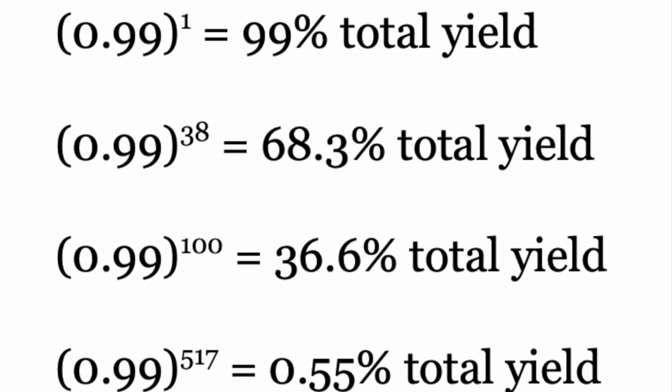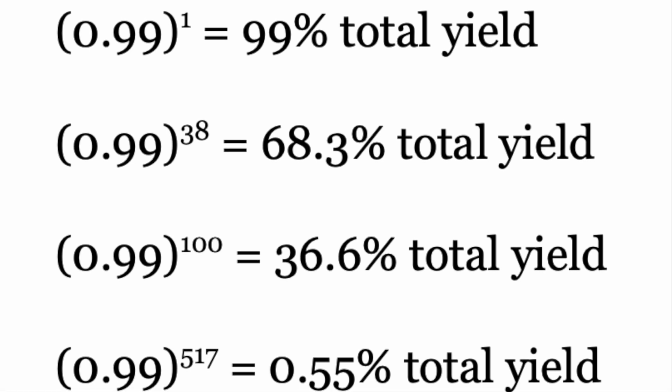So looking at the first case here, when we have 0.99 to the power of 1, you get 99% total yield of the thing you wanted, which makes sense. 99% of the time it works out, and you only have one case where that doesn't happen, right?